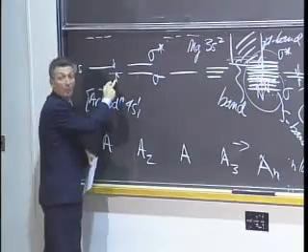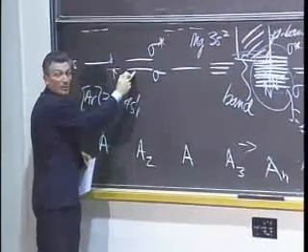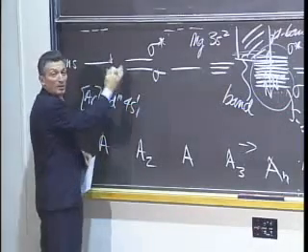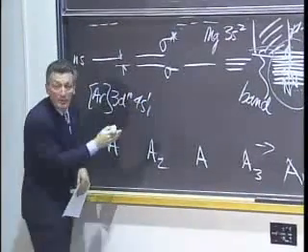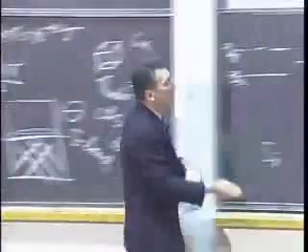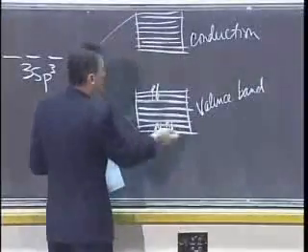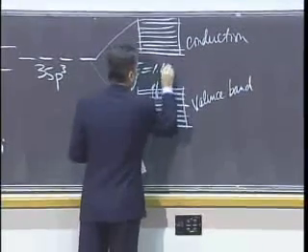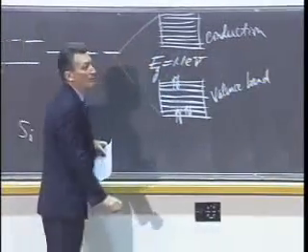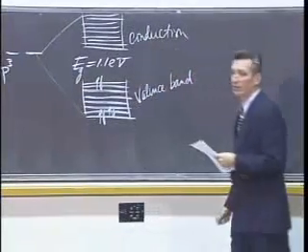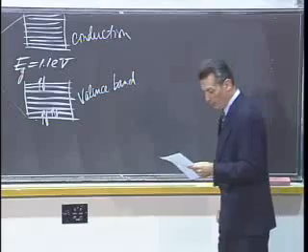So if I have a stronger bond, doesn't it stand to reason that the energy difference between an atomic orbital and the molecular orbital will be greater for a stronger bond? This is weaker, so therefore this separation isn't as great as it is in diamond, and indeed the band gap in silicon is on the order of 1.1 electron volts. And 1.1 electron volts is on a special range.